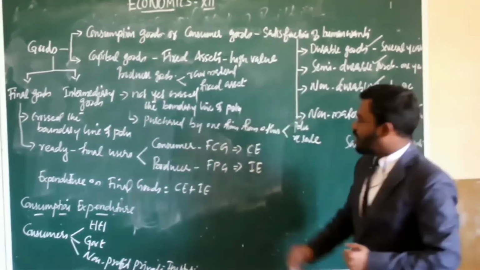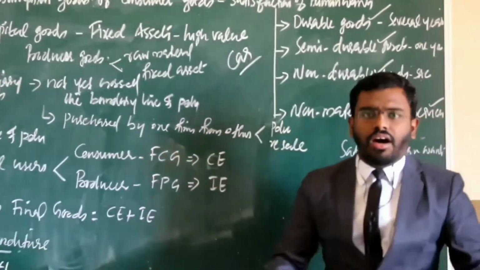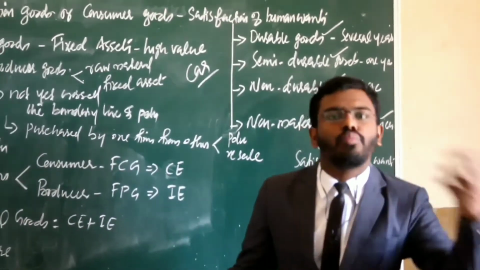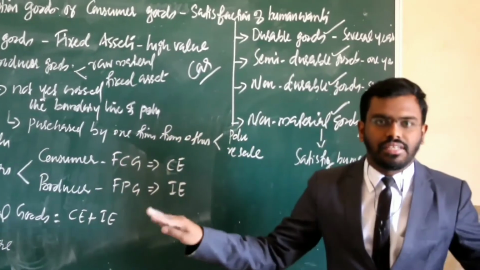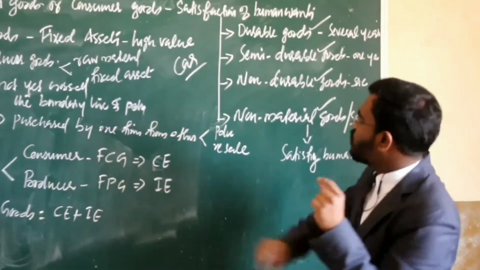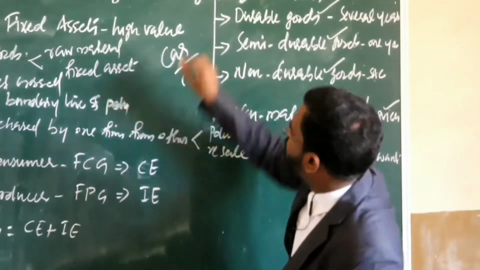For example, a car. If a consumer purchases a car today, he will not purchase another car tomorrow, because he can use this car for several years. So this type of consumer good is known as durable goods. Another example, television.